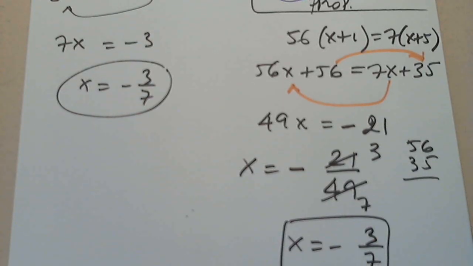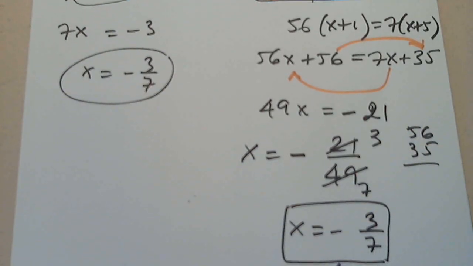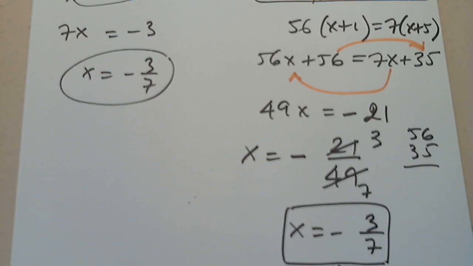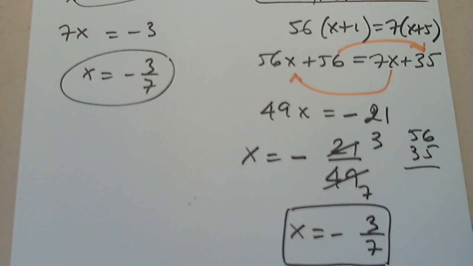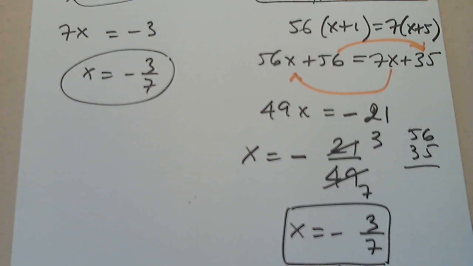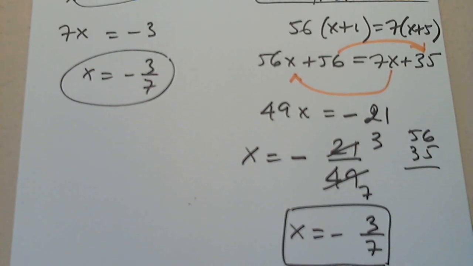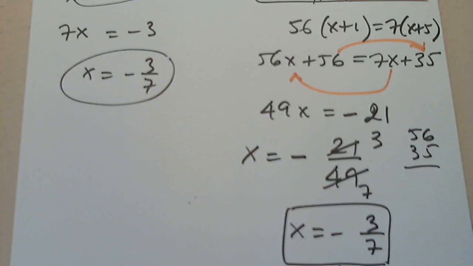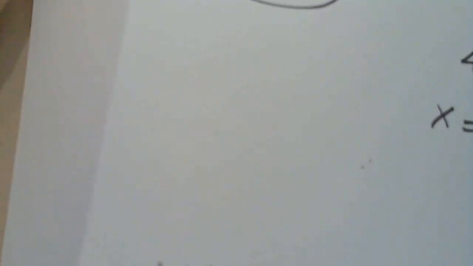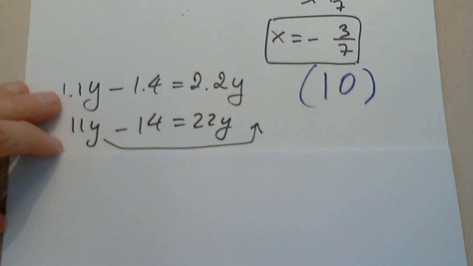10. Just 10 indeed. And now the equation will become easier to handle because I'll have 11y minus 14 equals 22y. I will only move 11y to the other side. 22 minus 11 is just 11. So the right-hand side is 11y.